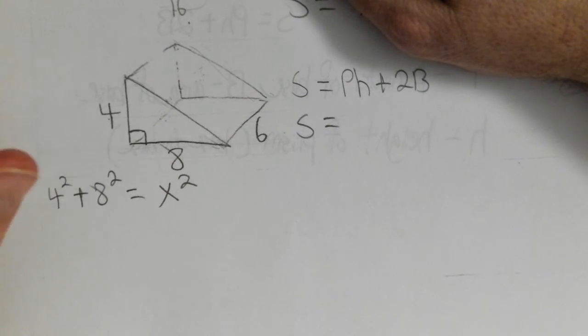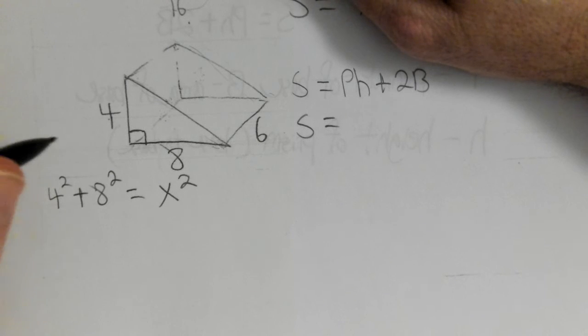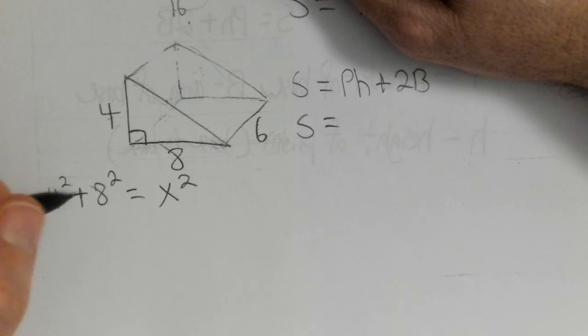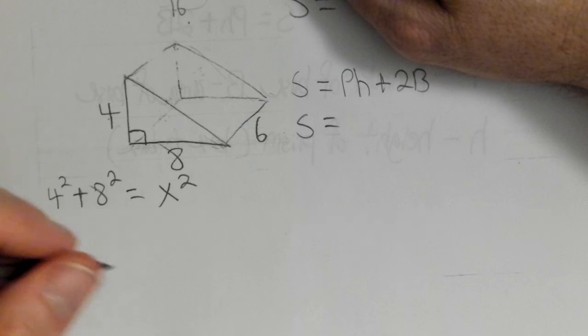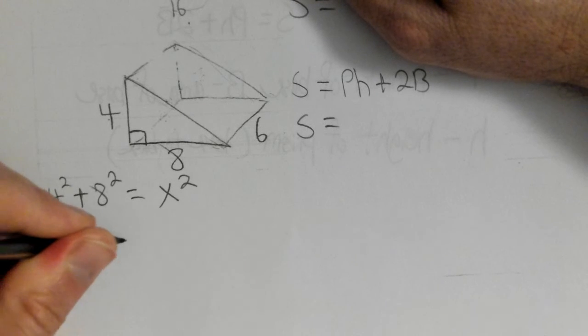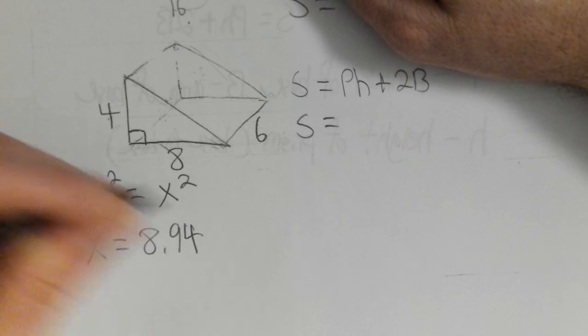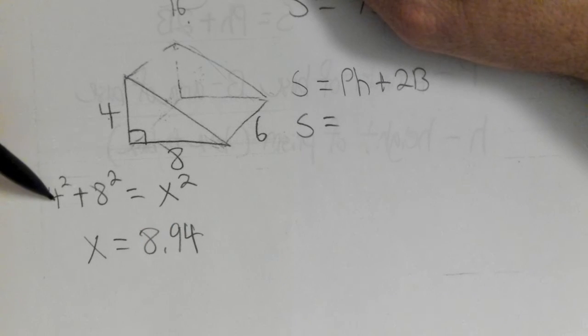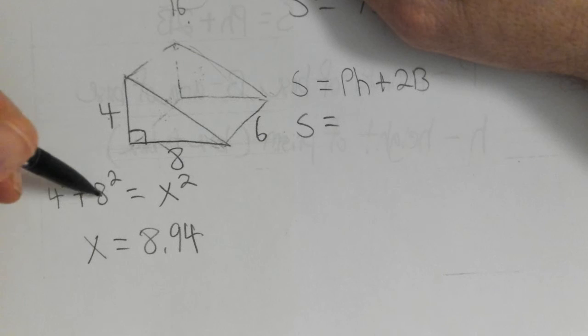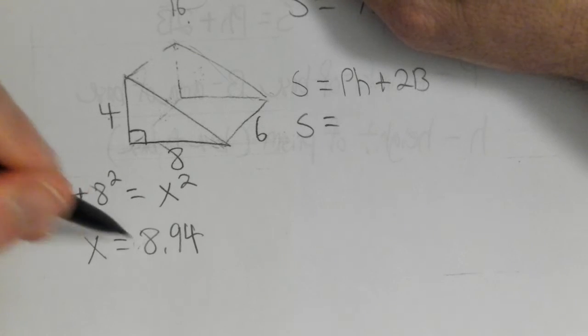Alright, so again, if I squared both of these, added them together, and took the square root, in other words, solve this thing for x, that would be 8.94. And again, it'd be 4 squared, which is 16, plus 64, whatever that adds up to, and then the square root of that is how you get this.